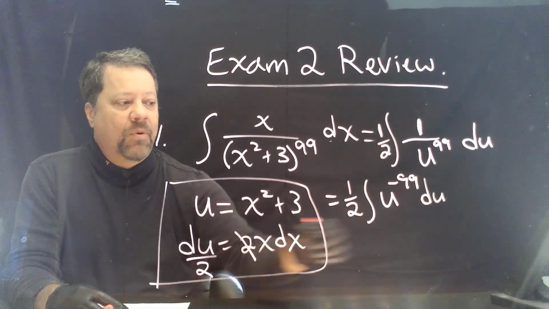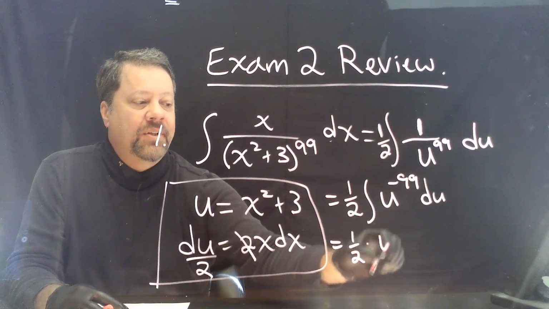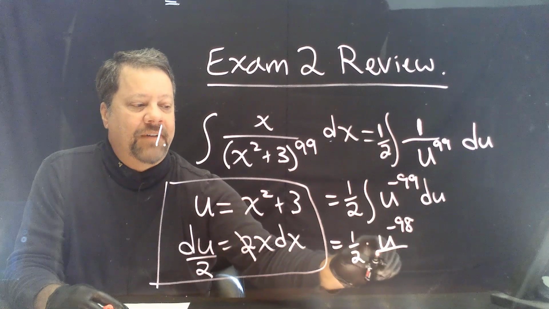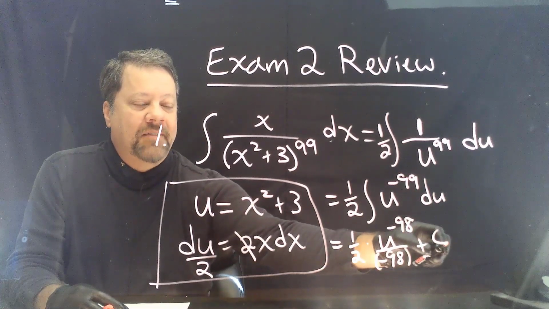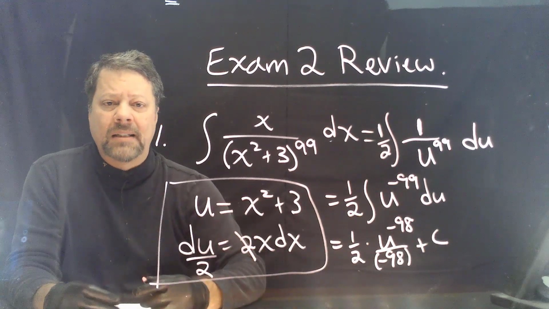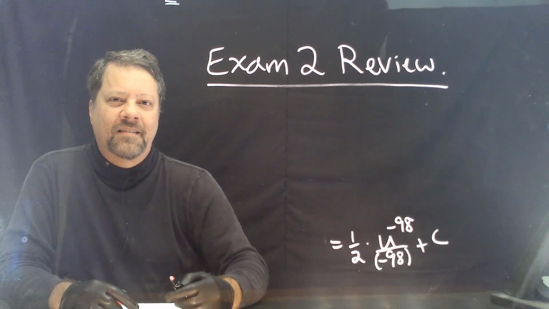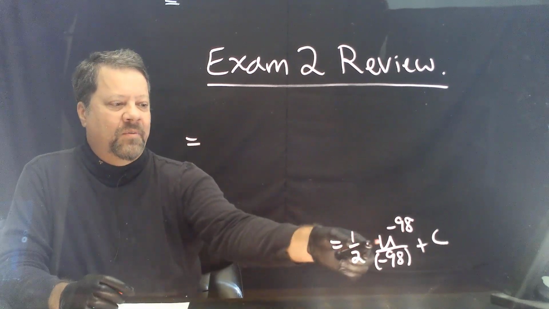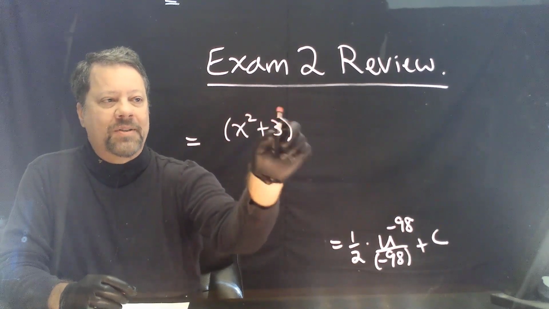We'll use the power rule to write this as 1/2 times u to the negative 98 divided by that negative 98 plus c. And you're not done until you substitute in for u. To complete the problem, we replace u with what is equal to x squared plus 3.